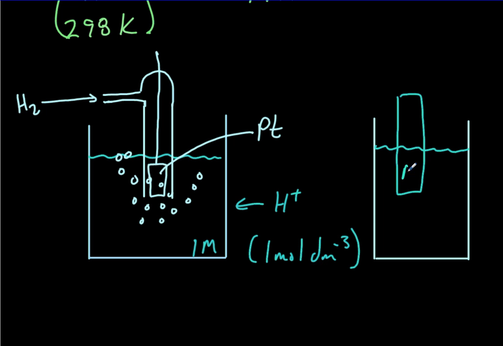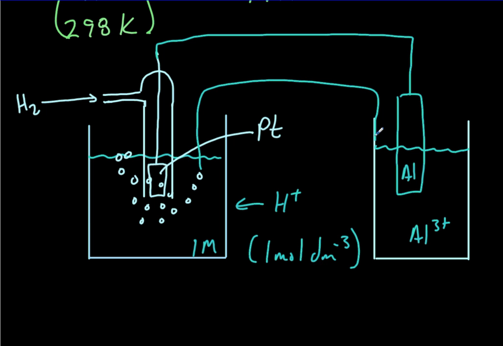So let's say this is an aluminum strip in some Al3+ solution. If you look at your chart, does aluminum reduce hydrogen, or is aluminum reduced by hydrogen? We also would have to have our salt bridge here. So this is the setup to test aluminum.